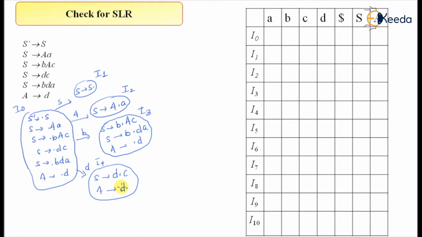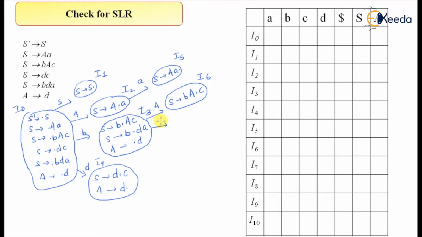Here we can see that there can be some issues with this I4 state. Now on input small a, this becomes S derives A dot, and that state is I5. On input capital A, this becomes S derives B A dot C, and that state is I6. That is 0, 1, 2, 3, 4, 5, 6.